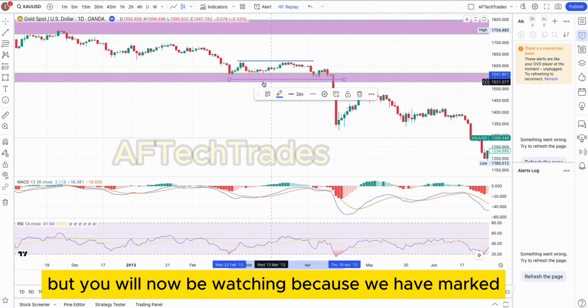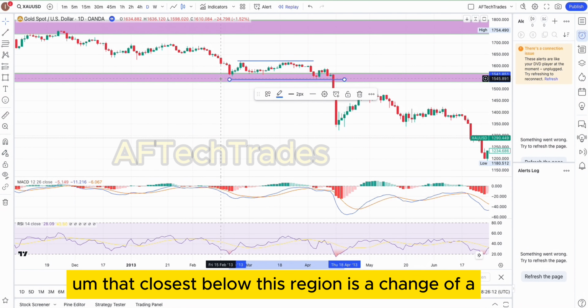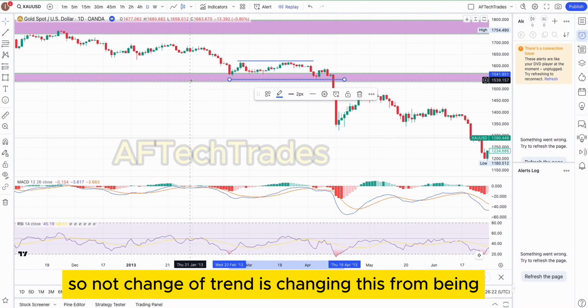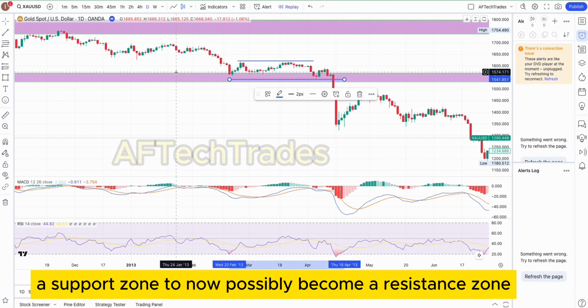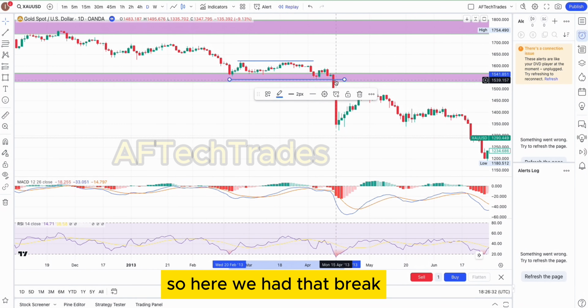But you will now be watching, because we have marked the region, that any candle that closes below this region is a change of trend. Not a change of trend, rather it is changing this from being a support zone to possibly becoming a resistance zone. So here we had that break.